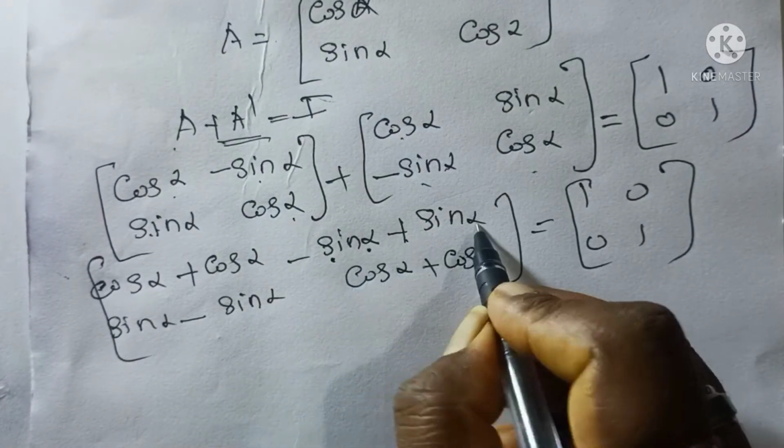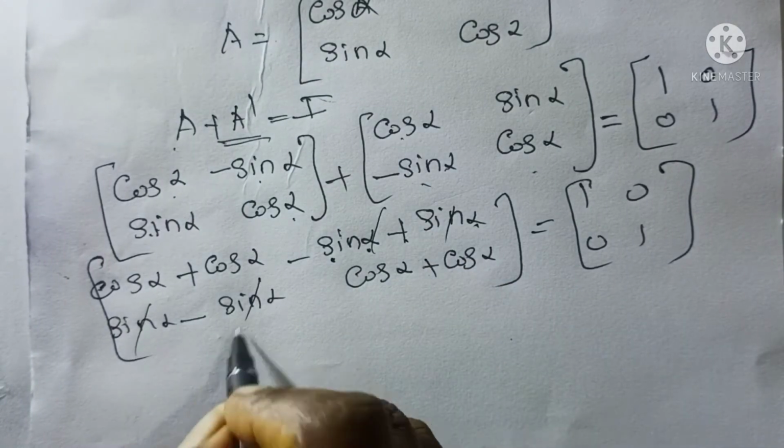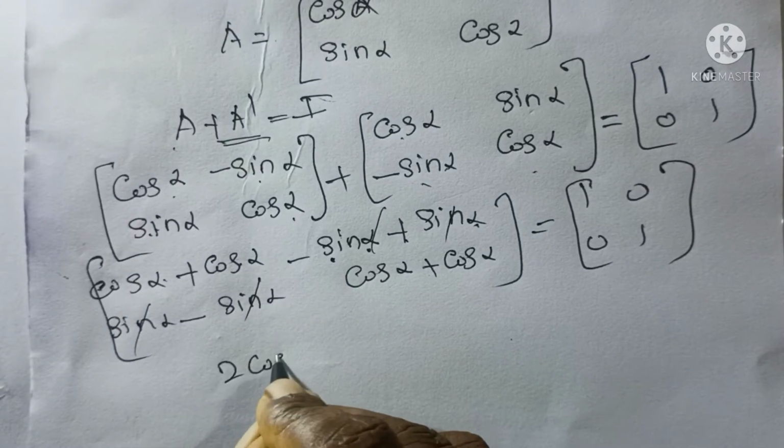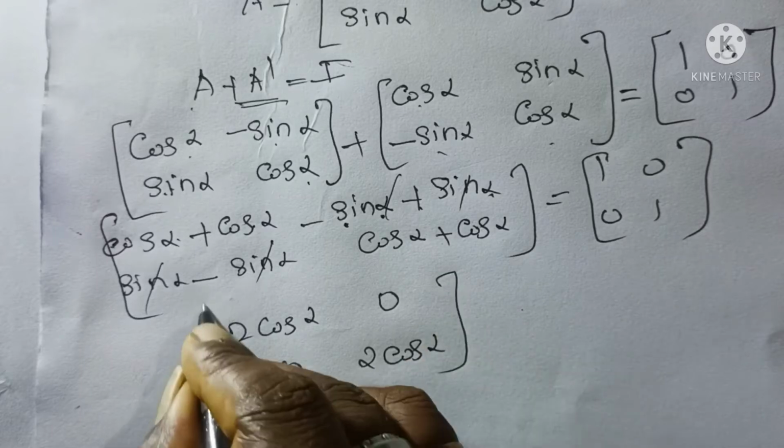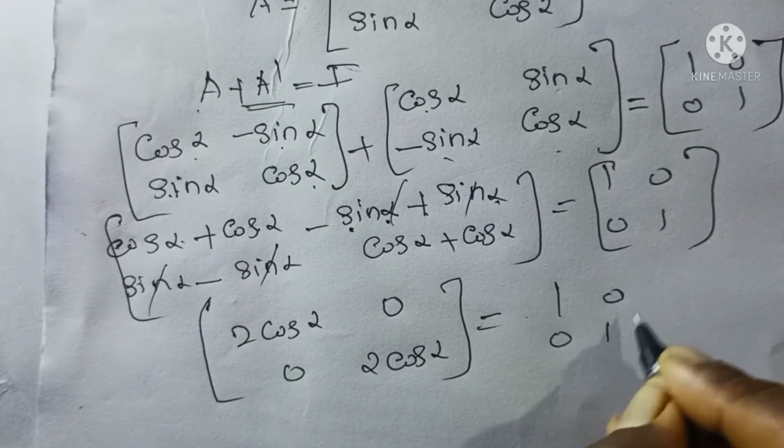Here minus sin alpha plus sin alpha is 0, here 0. So 2 cos alpha, 0, 0, 2 cos alpha, which is equal to 1 0 0 1.